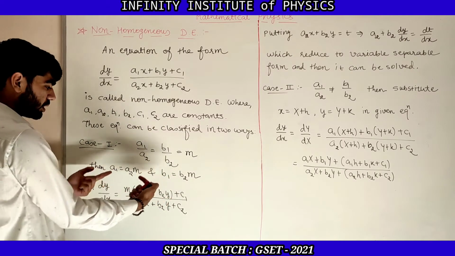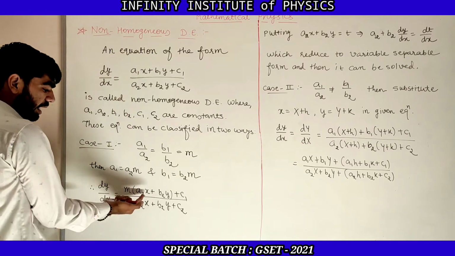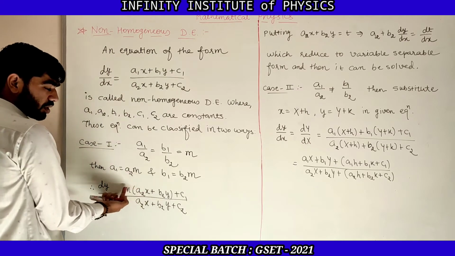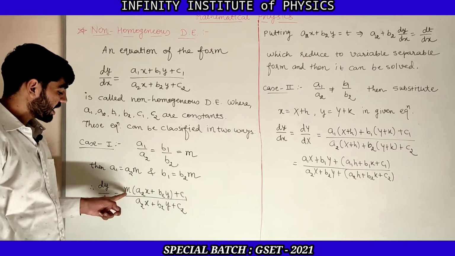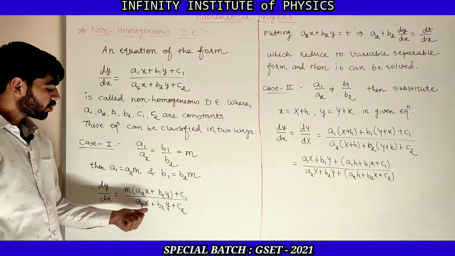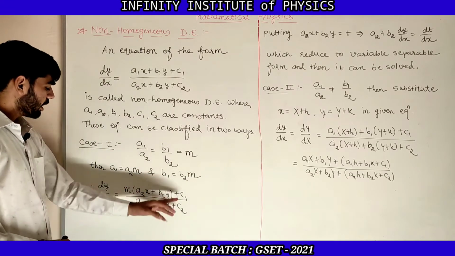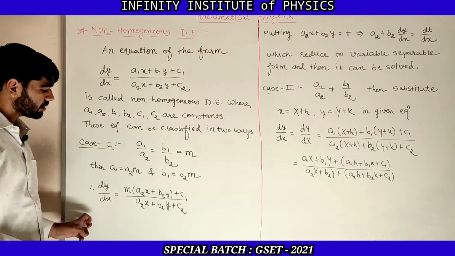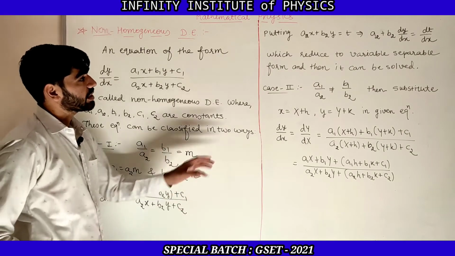And now let us put these values in the given differential equation. Instead of a1 you can write a2m, and from these two terms I have directly taken m as common. Then it can be written as m into a2x plus b2y plus c1 upon a2x plus b2y plus c2. Now if we want to solve this differential equation, then assume that a2x plus b2y is equal to t.